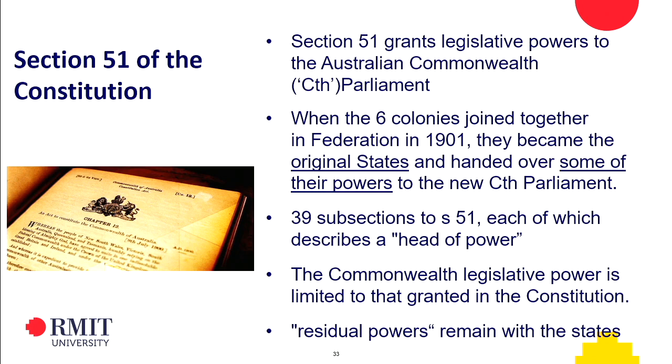And that's the important part, is that the Commonwealth legislative power is limited to that granted in the Constitution. If the Commonwealth tries to pass a law that they don't have the power to do, the states will then bring a case in the High Court and say that that's ultra vires and unconstitutional. And we've seen a bunch of battles in the past in relation to that.